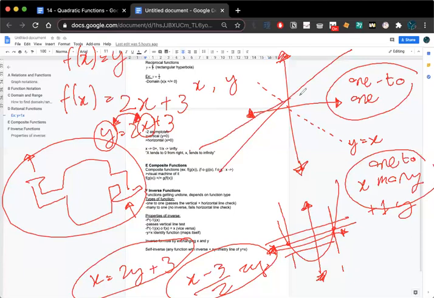Yeah, something like this-ish would be the inverse of it.